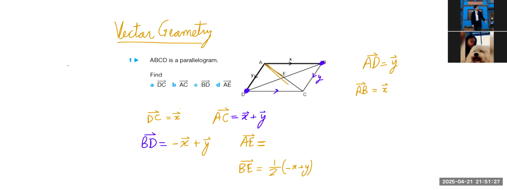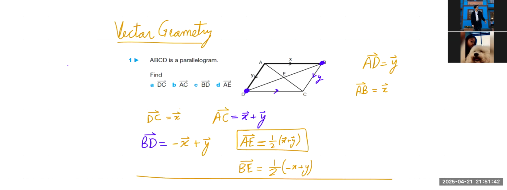So what is AE then? You know AC already. Half of that. So 1 over 2 x plus y. But remember to put vectors on top, otherwise you'll lose a point. Okay? So this is what AE is. So this is basically vector geometry. So remember my trick with starting at the beginning and somehow trying to go to the end of that vector.